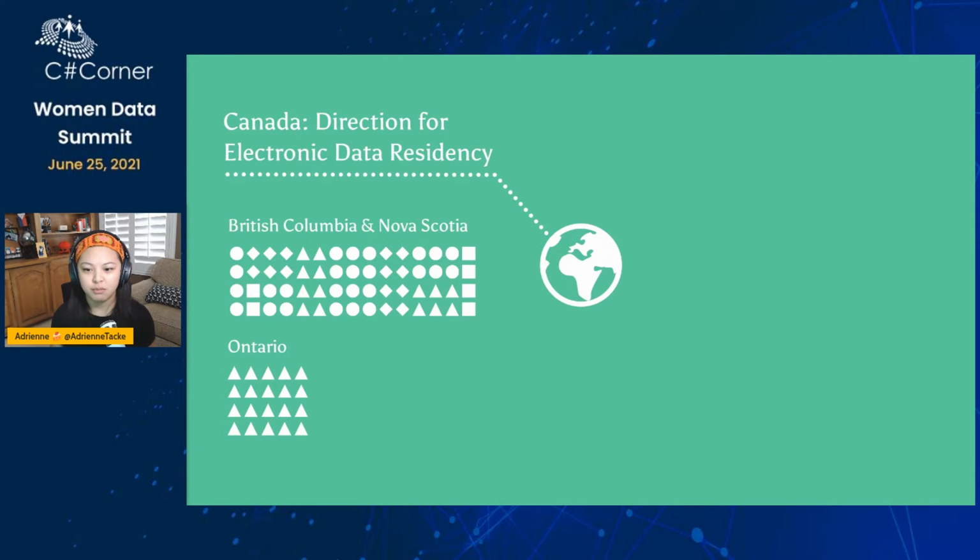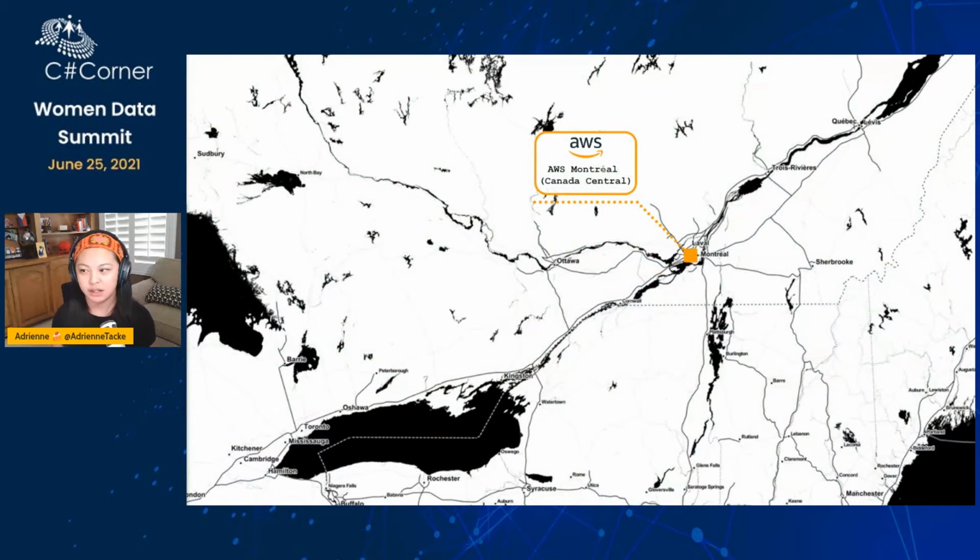So if you imagine all of this data is stored in AWS Montreal, because that is actually the only region in Canada for AWS. So they kind of have no choice. If you're going to be using AWS, you're hosting your data in AWS Montreal, and that's it.